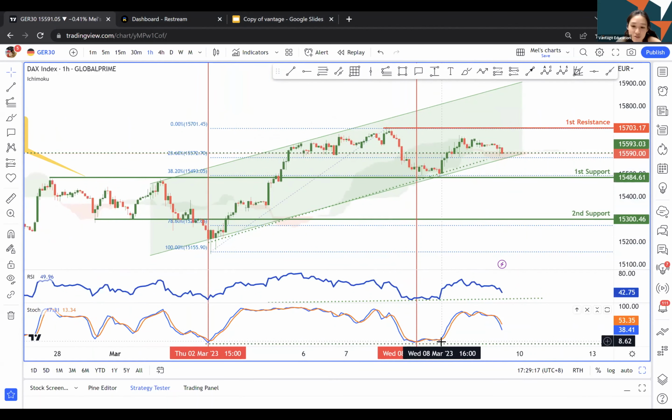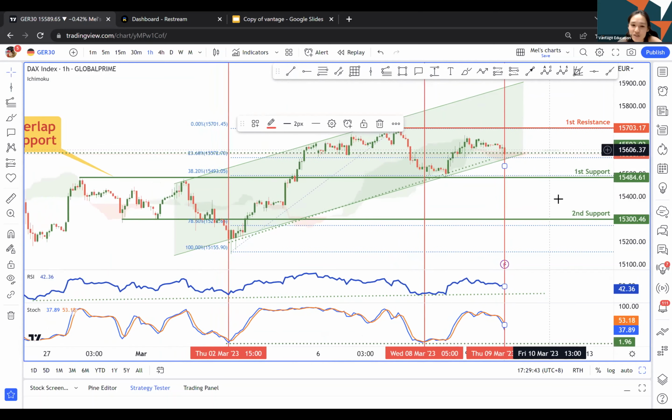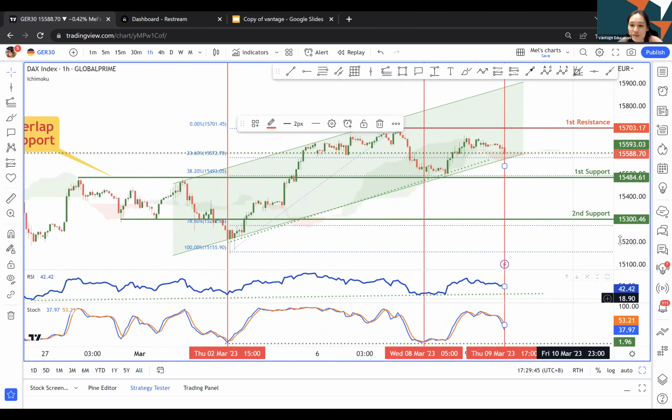But even for our stochastic, this horizontal line here is quite a distance from where price currently is, because price is currently here. So this support level over here is a bit of a distance from here. So it's not enough to support that price could break out of our ascending trend channel, or that there is bearish momentum.